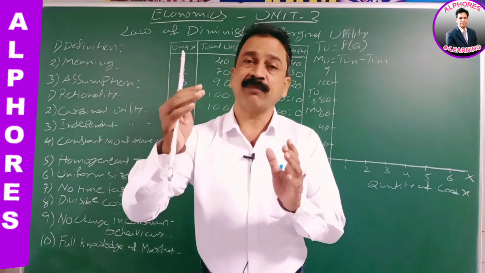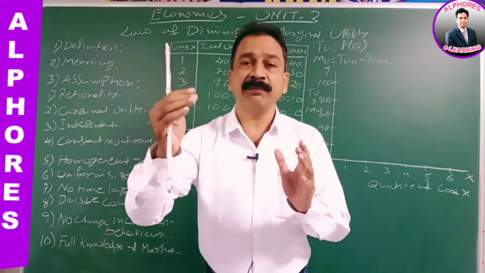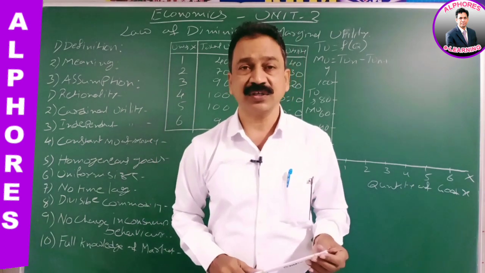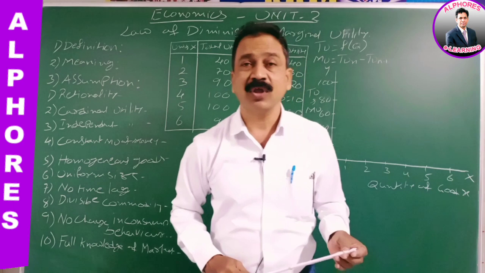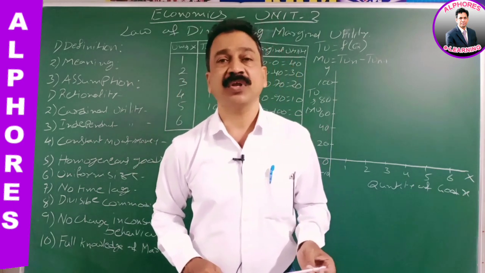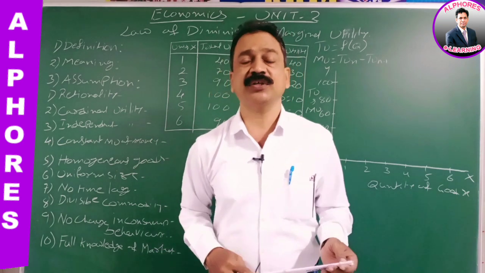As the quantity of mangoes goes on increasing, the satisfaction is going to diminish. That is told by Gossen, but it is developed and properly presented by Alfred Marshall. Now the definition which I gave you is from Alfred Marshall.